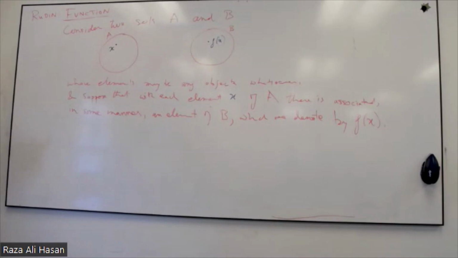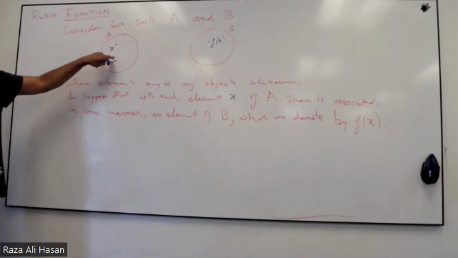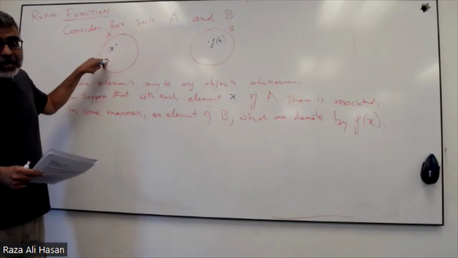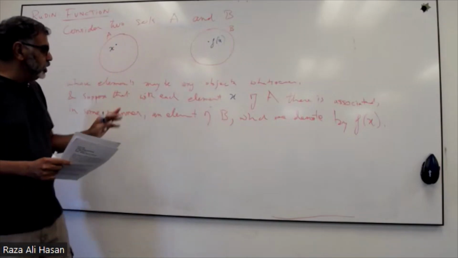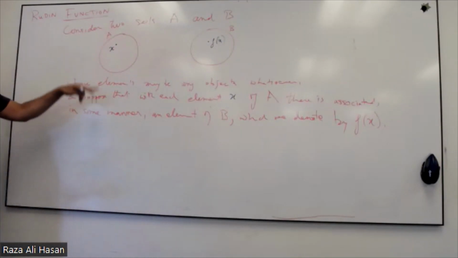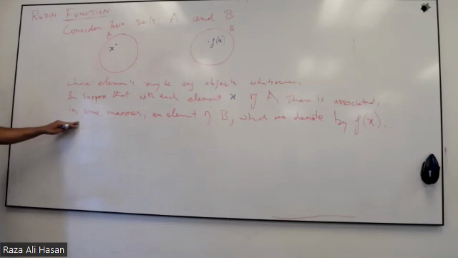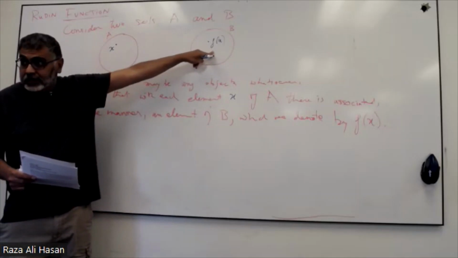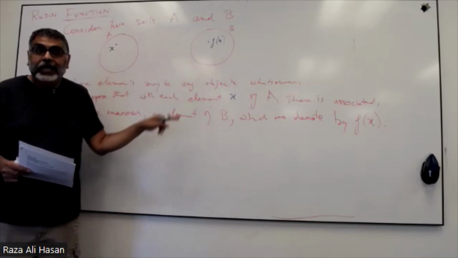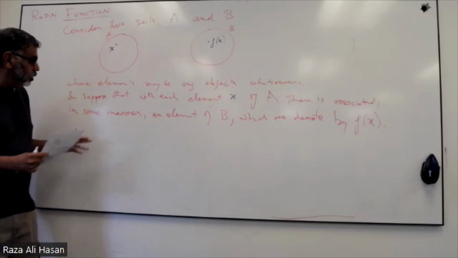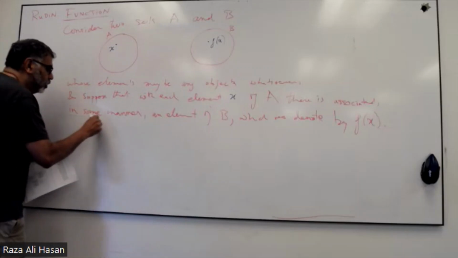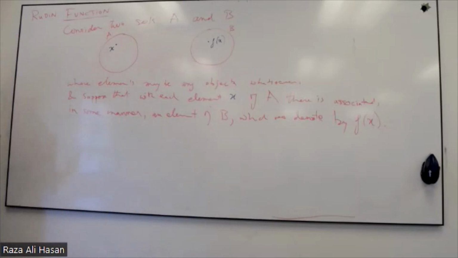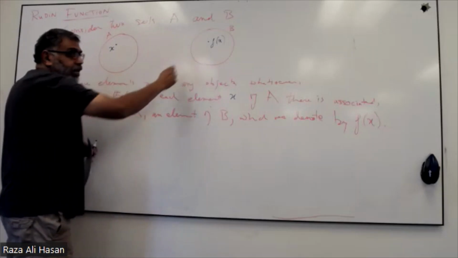So now I'm going to write this next line, which goes, if you have an x in set A that is associated in some manner, something happens to this and it gets associated to this thing here, then we have to explain it. How is it that this is related to that, right?